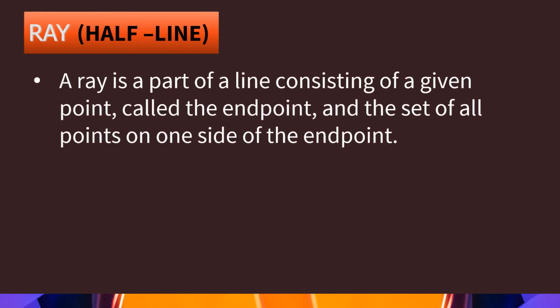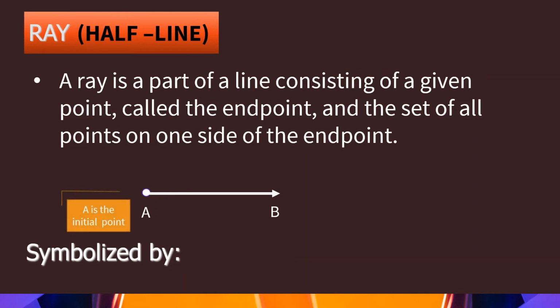Another is ray, or what we call the half line. A ray is a part of a line consisting of a given point called the endpoint and the set of all points on one side of the endpoint. For example, it is symbolized by ray AB, wherein A is the initial point.